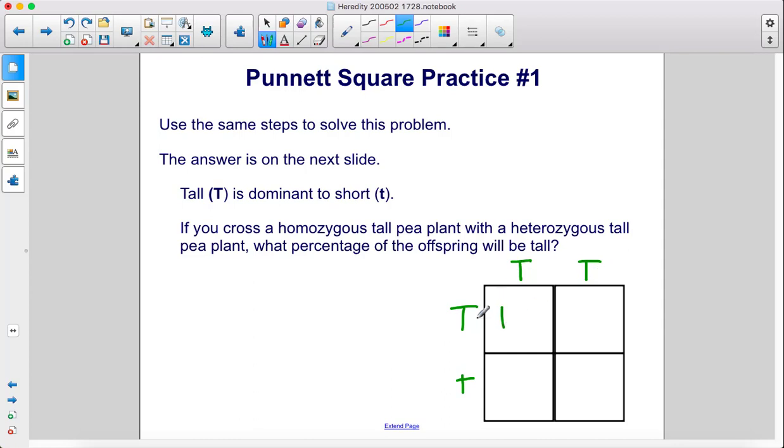Well, let's go through. This has 2 uppercase T's. This also has 2 uppercase T's. This has 1 uppercase, 1 lowercase, 1 uppercase, 1 lowercase. Now, all 4 of these options have at least 1 capital T, which means 100% of these offspring will be tall.